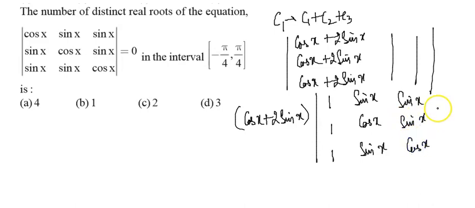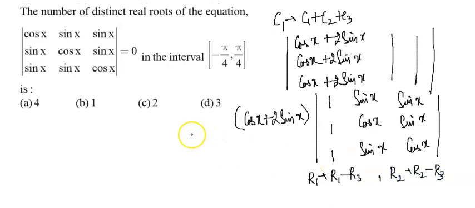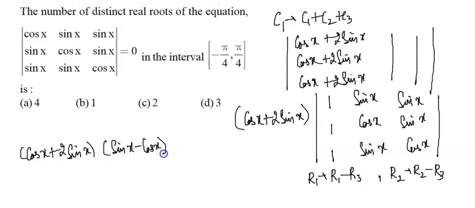cos x. Now you can change R1 to R1 minus R2 or R1 minus R3, R2 to R2 minus R3. Upon solving, we will get this determinant. This cos x plus 2 sin x is common, and this (sin x minus cos x) whole square will be common, and we are left with this much only: 0, 0, 1; 1, -1, sin x; 0, 1, cos x, and this is equal to 0 given.